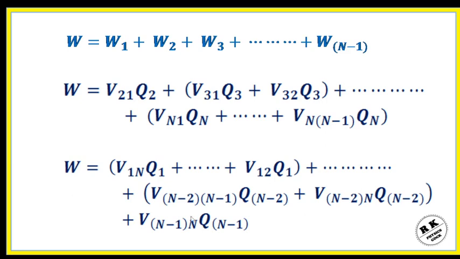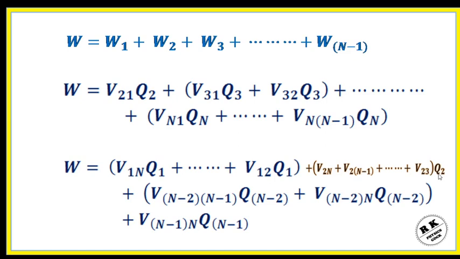If we observe carefully, for the second charge Q2, in the first equation it is having only one term, but if you look in the second equation, it is having the rest of n minus 2 terms. Observe here, 2n, 2n minus 1, 2n minus 2 and so on, 2, 3.